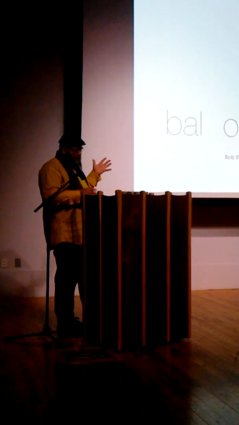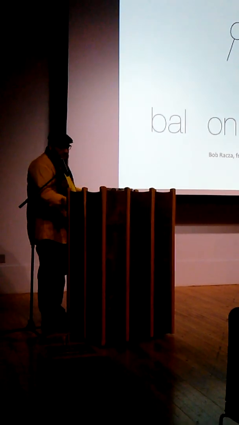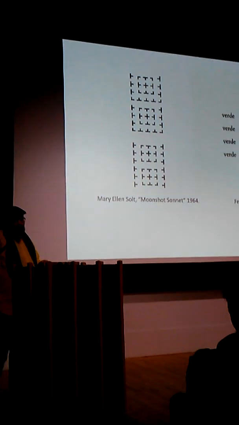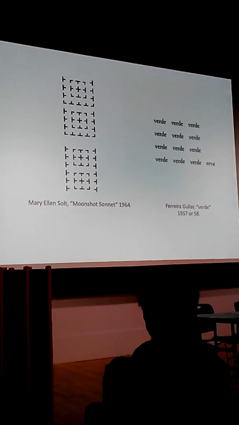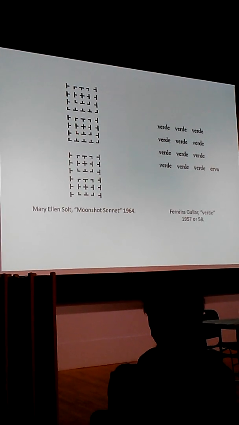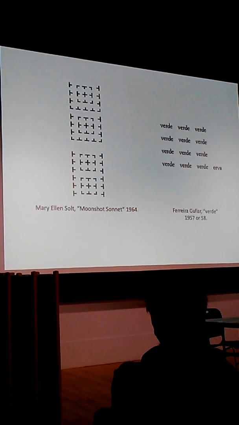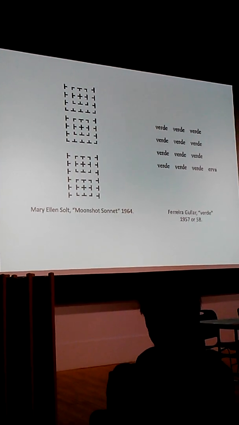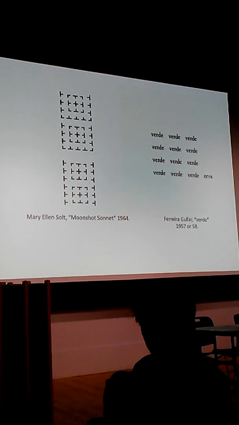Right? So we're not talking about this, we're talking about more this sort of not children's book sense of concrete poetry. And this is what most people get exposed to. This is Mary Ellen Solt, the only American who's considered a concrete poet in this time period. That's not true. I gave a talk on a different kind of concrete poetry that wasn't called concrete poetry, but that's a whole other 90 minutes.